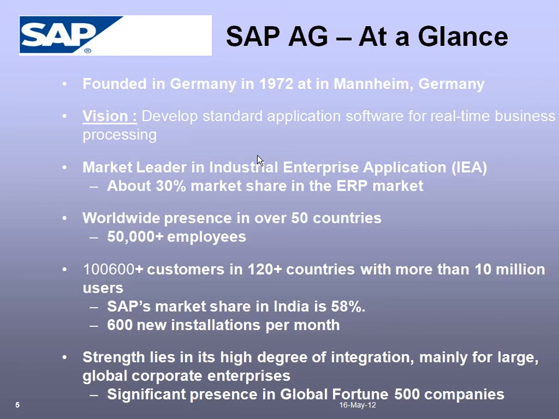The cross-company, cross-module, and cross-process integration is very, very tight and secure. That's the reason for SAP's success. It has a significant presence in the global Fortune 500 companies, meaning a majority of them are running their business on SAP systems.